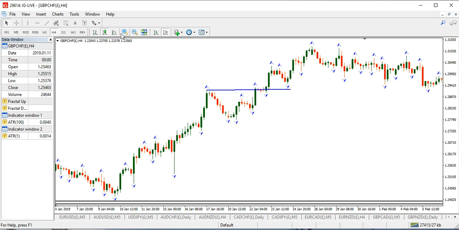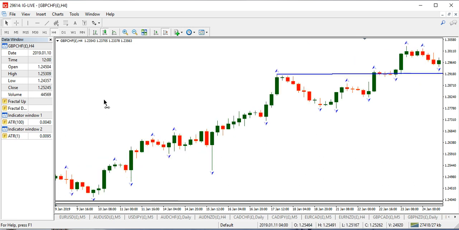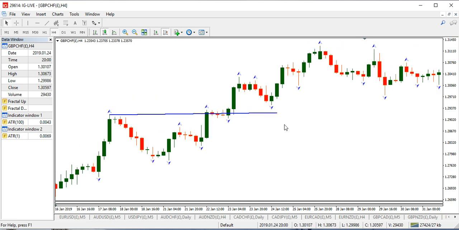Zoom in a bit. So market breaks out, retests the zone, and it's away. If we look at that on the 1 hour chart, so breakout, retest.